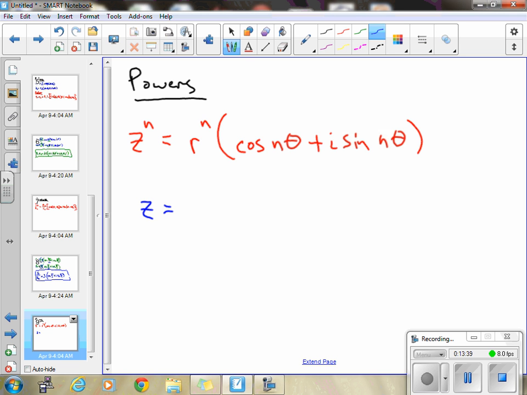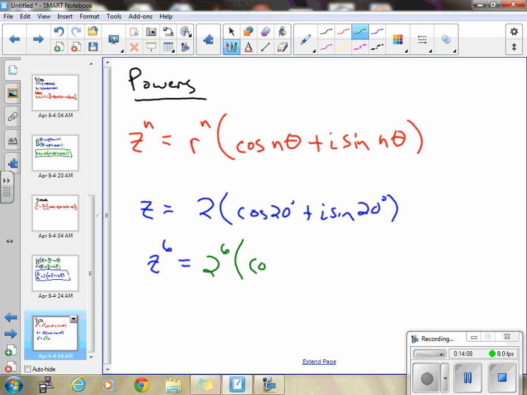Let's suppose that we have z equal to 2 times the cosine of 20 degrees plus i times sine of 20 degrees. And I'm going to take that number and calculate it being raised to the 6th power. So z to the 6th power here, what I'm going to do is take 2 to the 6th power times the cosine of 6 times that 20 degree angle.